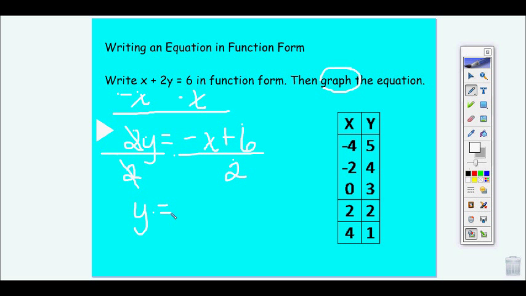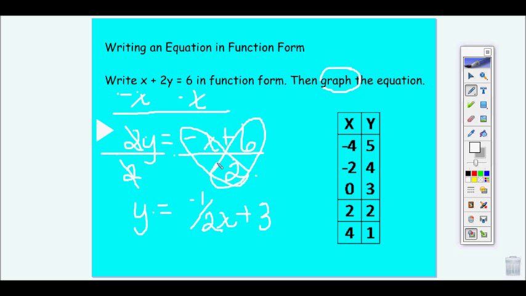I also have 6 over 2. -x over 2 could be written as -1/2 x, and 6 divided by 2 is going to be a +3. Remember, this applies to both of the terms in that equation. So now I have it written in function form.